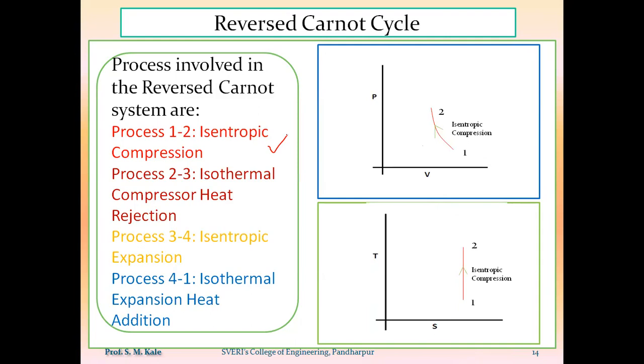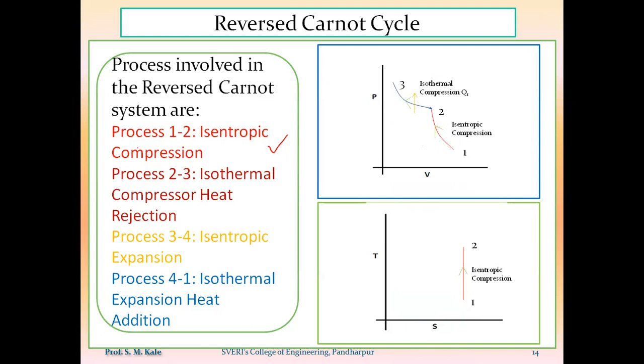As the name isentropic indicates, it is reversible adiabatic. As it is an adiabatic process, no heat will be absorbed or rejected during this process. This is the isentropic compression process on the PV as well as TS diagram.